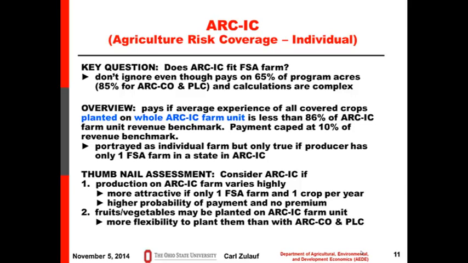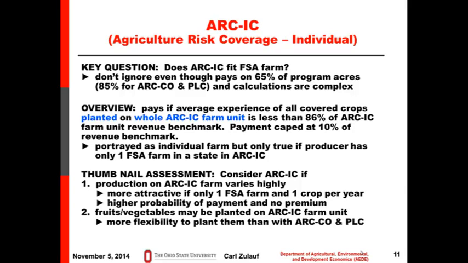The second situation I want to call your attention to is if you plant fruits and vegetables on the ARC-IC farm unit. Ever since the 1996 Farm Bill, we have had restrictions in this country on the planting of fruits and vegetables. In simplicity, the restrictions have taken the form that if you plant fruits and vegetables on base program acres, you will lose the payment on those acres.